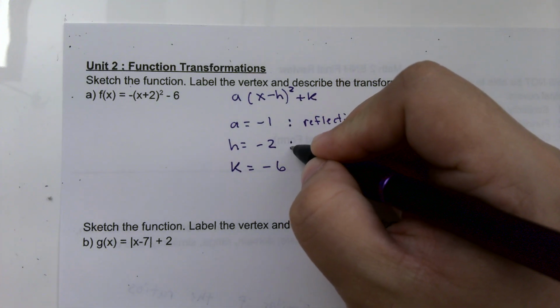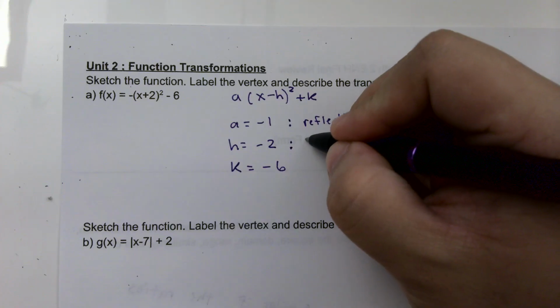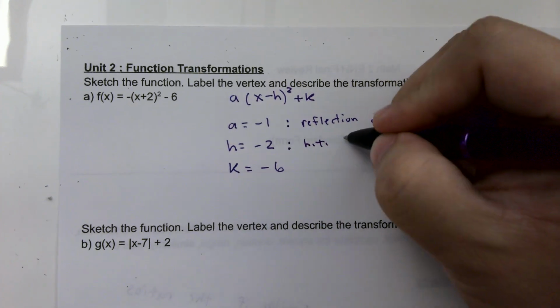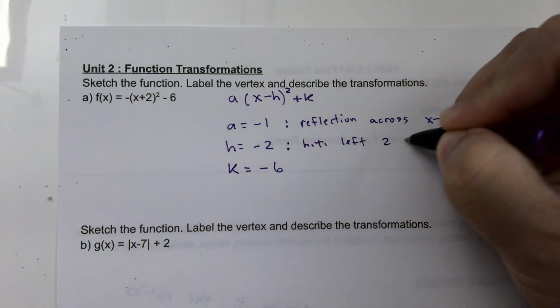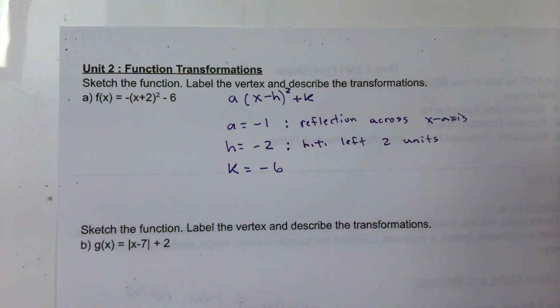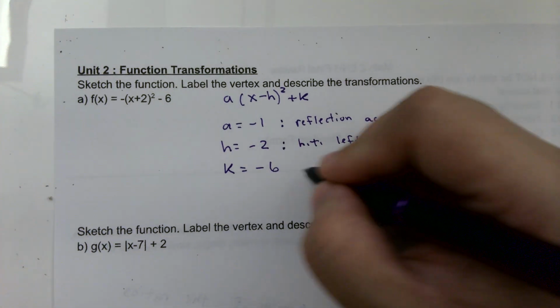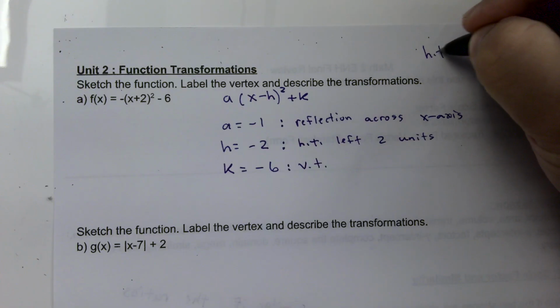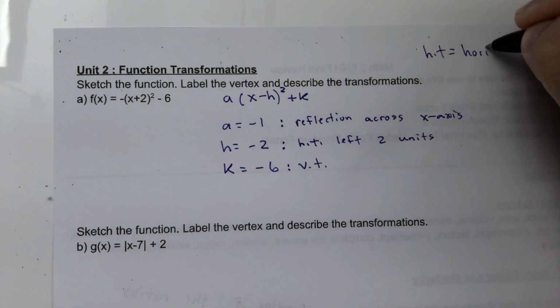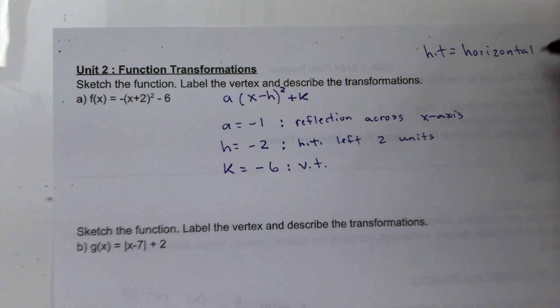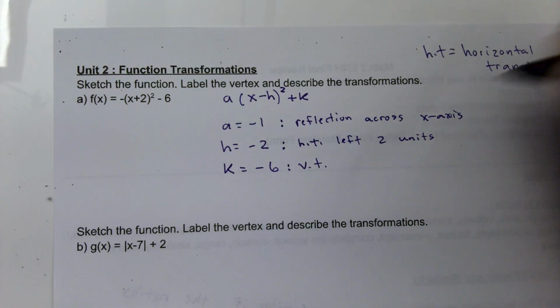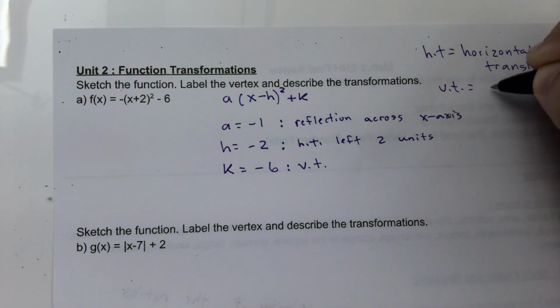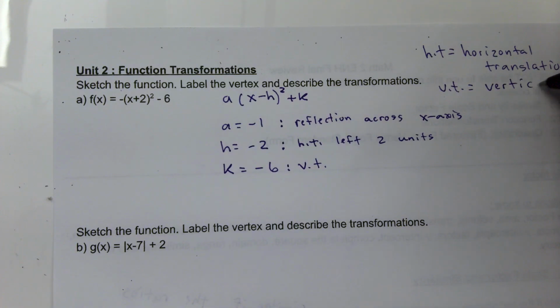Okay, h being -2 means horizontal translation left 2 units. K equals -6 means vertical translation. HT is horizontal translation, VT equals vertical translation.